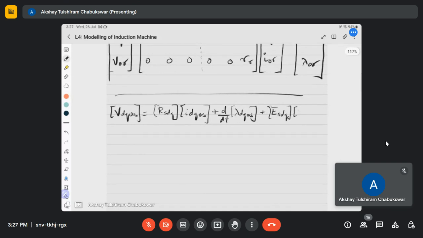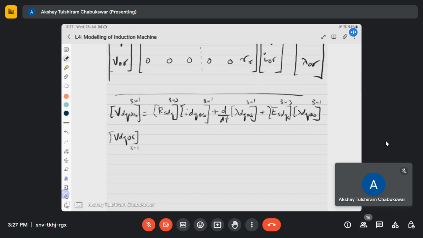All of them are 3 cross 1, and the matrices are 3 cross 3.